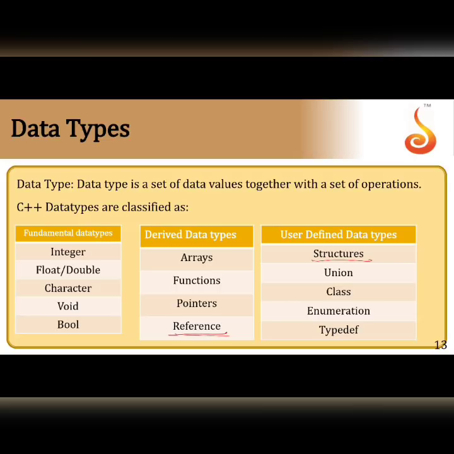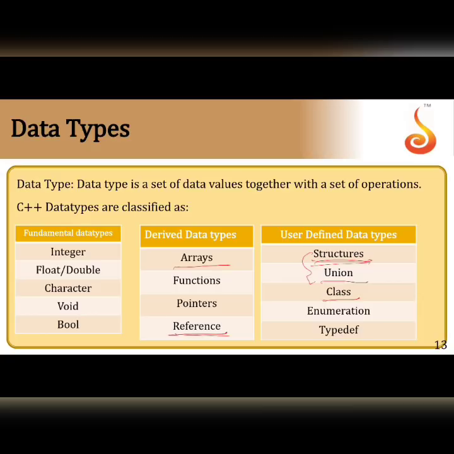That is, it's a collection of elements of different data types stored under one name. Arrays are a homogeneous set of elements, whereas structures are a heterogeneous set of elements. Union again is a heterogeneous set of elements, but then they are different from structures based on the memory allocation. The memory allocated to a structure is different from the memory allocated to a union.